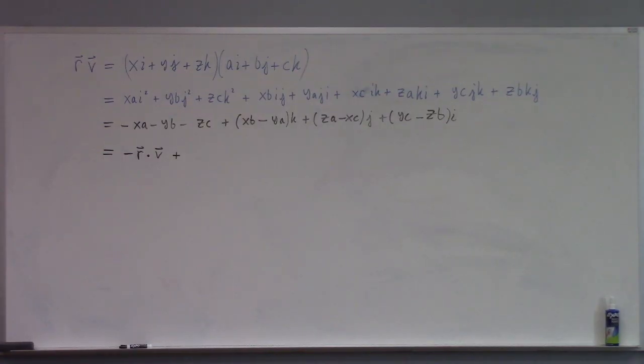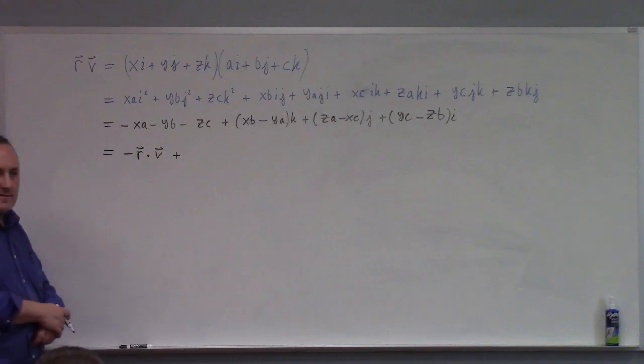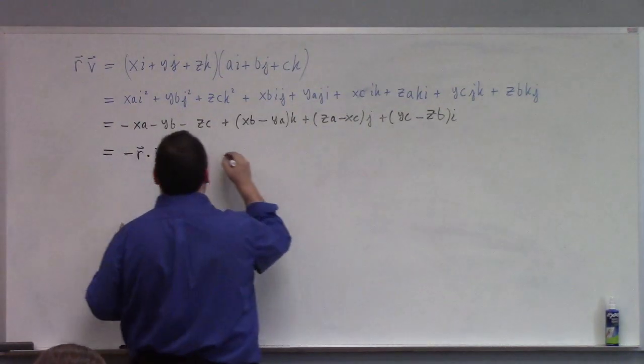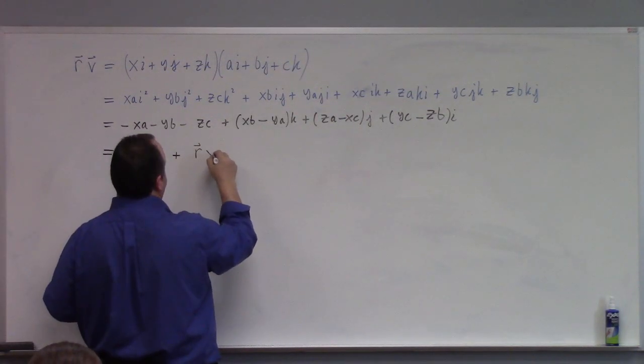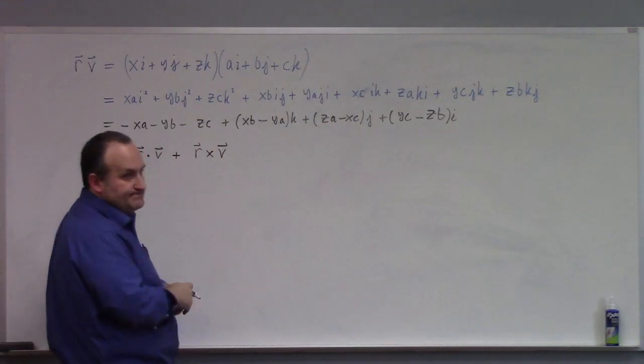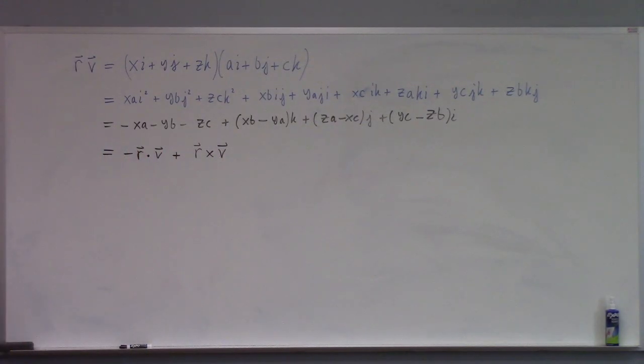Well, you might not recognize it right offhand, but this is the cross product. This is r cross v. So the quaternionic multiplication simultaneously encodes dot product and cross product. So if I go back over to here, RV was actually minus r dot v plus r cross v. And there's the general quaternionic multiplication.